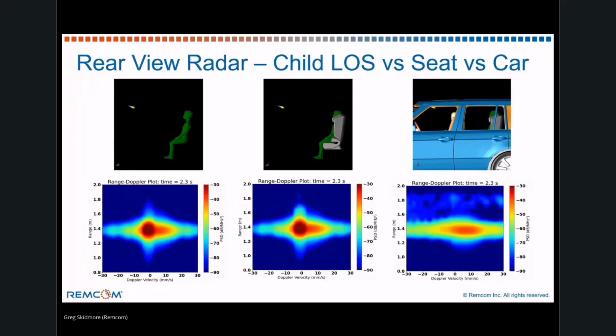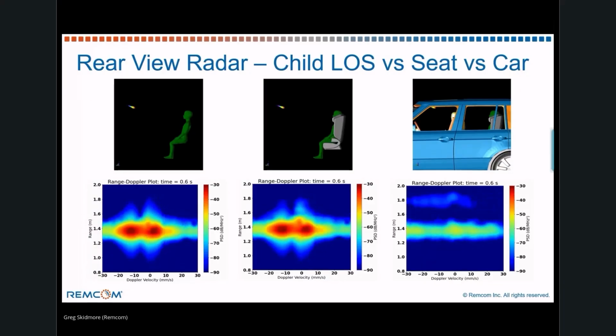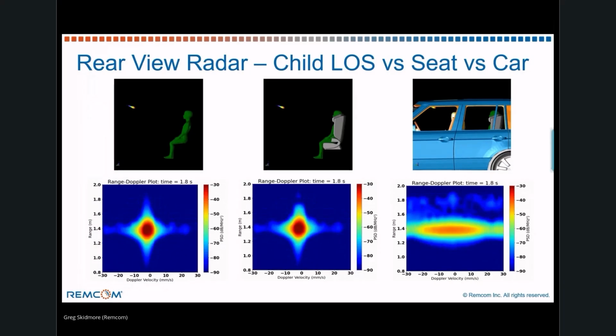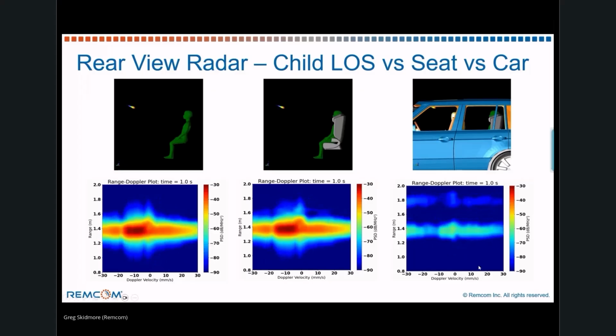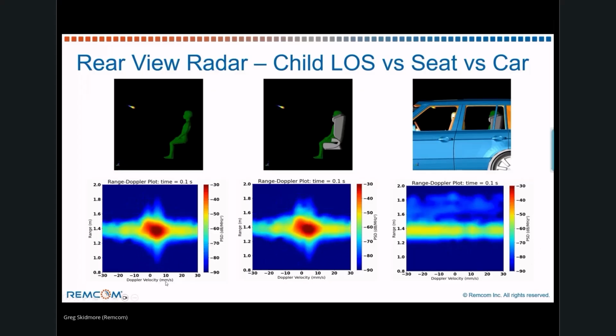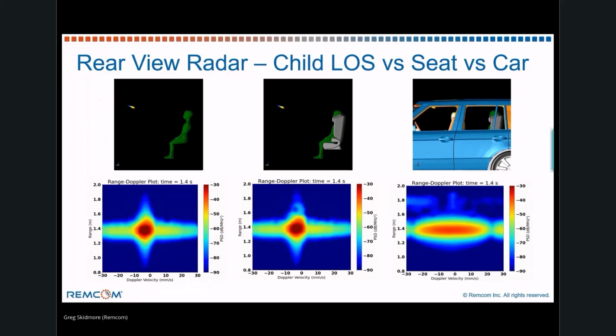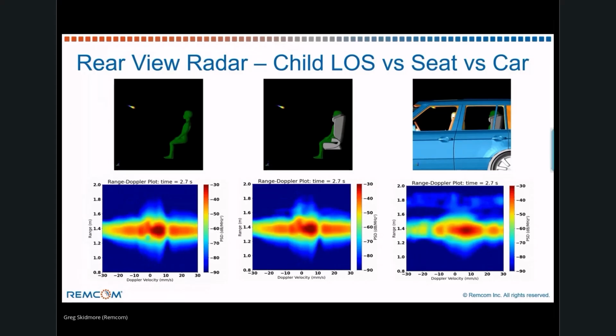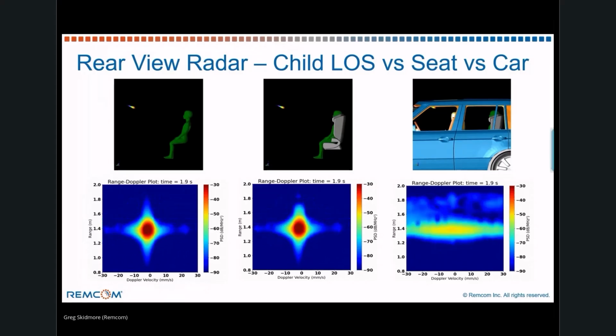And you can see that just the child alone, we get a really pretty clear understanding of what's going on here. Notice that the velocity is in millimeters per second on the bottom. And then when we add the foam car seat, just one material foam, obviously you'd probably want something more complicated potentially, or not. I'm not actually sure. We haven't done that study yet for the kids car seat.